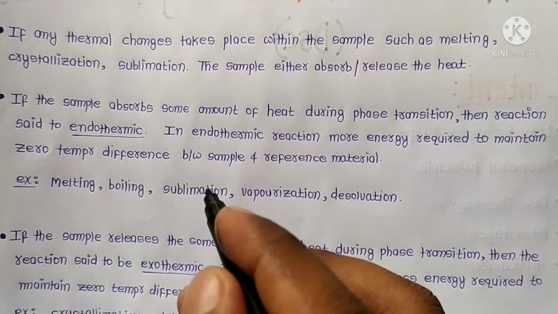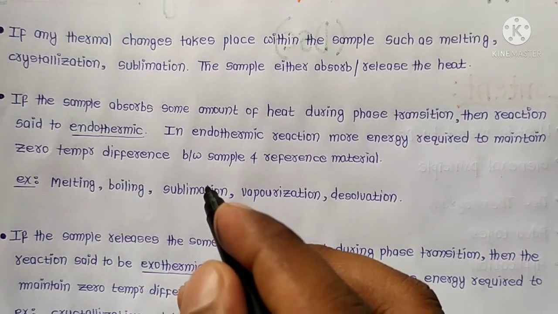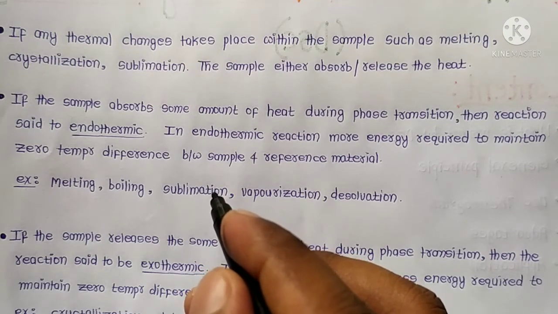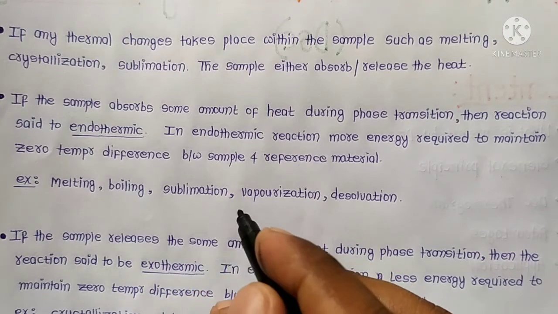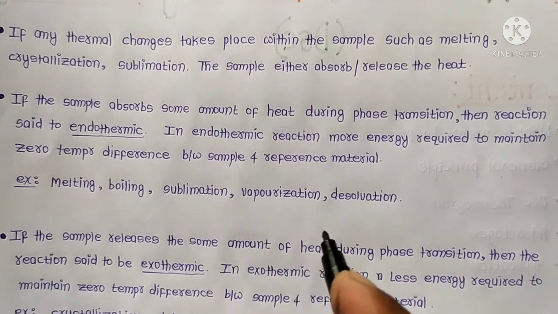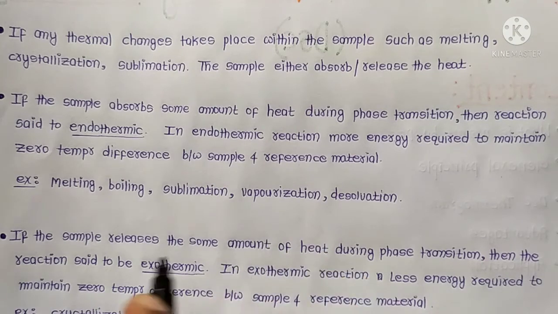In both cases we have to maintain the temperature, and to do so we consume more or less energy according to the absorption or release of heat by the sample. In DSC we measure this energy difference between the sample and the reference material in order to maintain equal temperature.